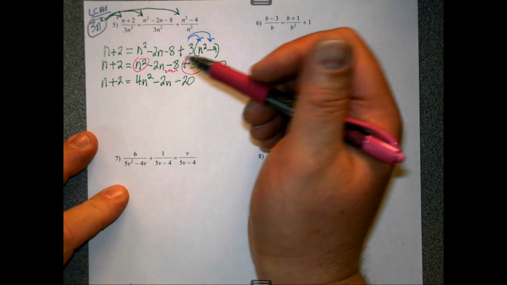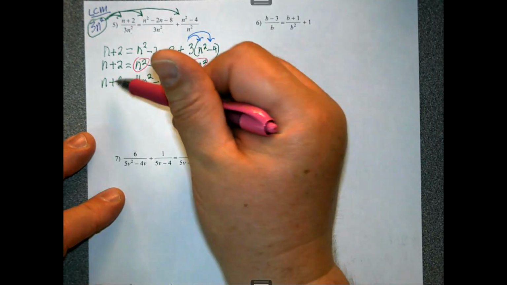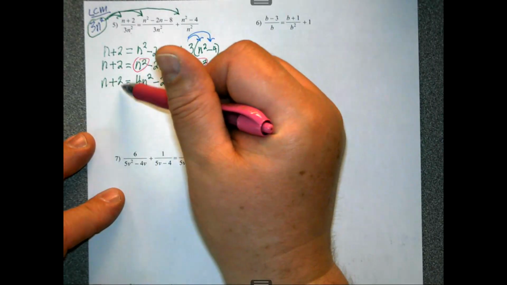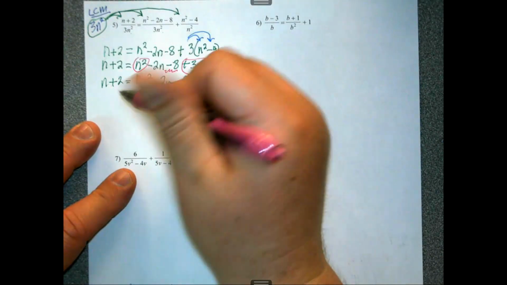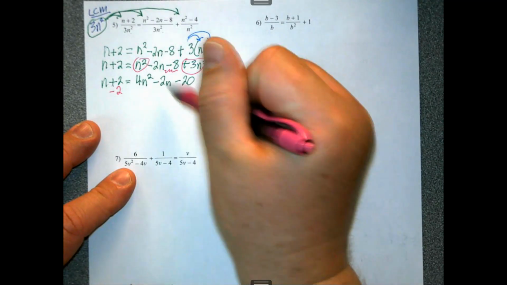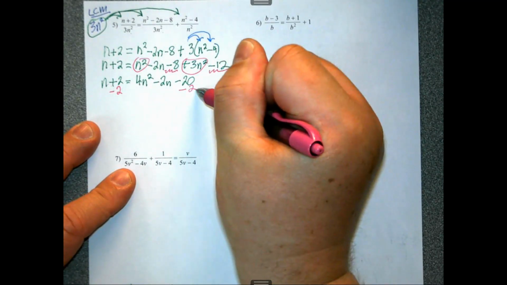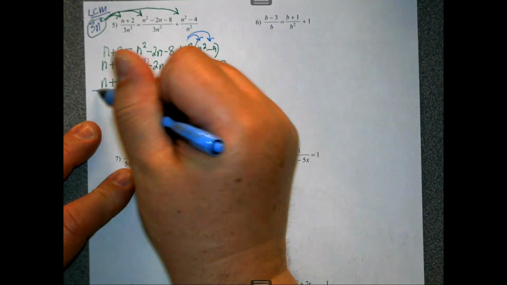Okay, so I need 0 on one side. Can't we take out like a 2 on the right side? We could, but I'm going to wait until I get a 0 on this side, because it might change these coefficients. So I'm going to subtract 2, and then I'm going to also subtract the n to get 0.